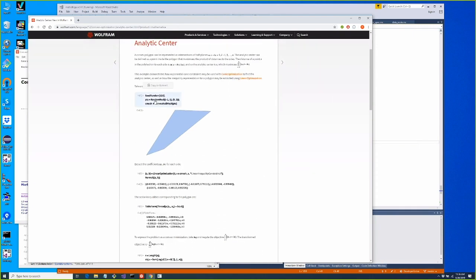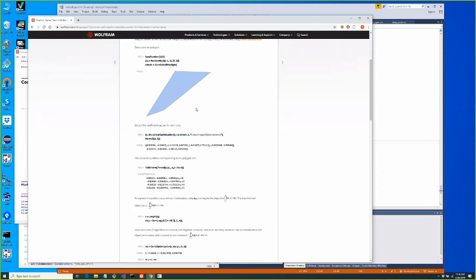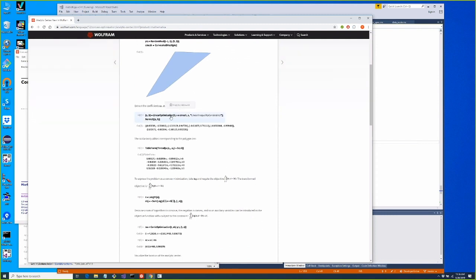Okay, so we're going to find something called the analytic center. It's the x which minimizes the distance of a point x to the polyhedron to each side. So we want to find some x that minimizes the product of the distances to the sides. Here's a little bit of a trick.